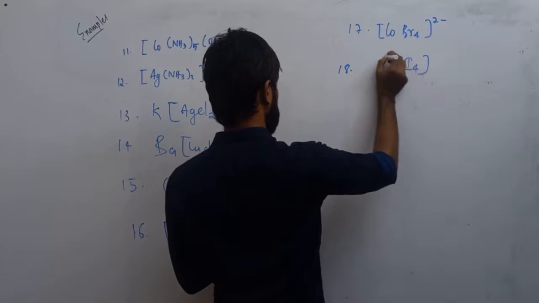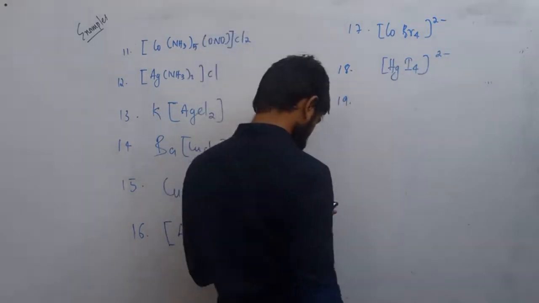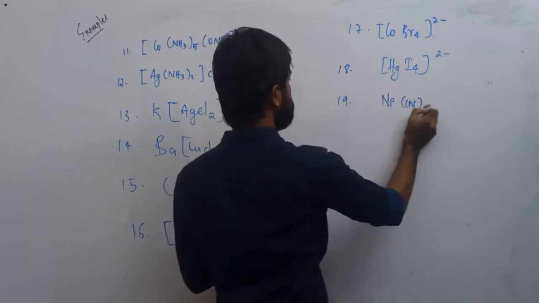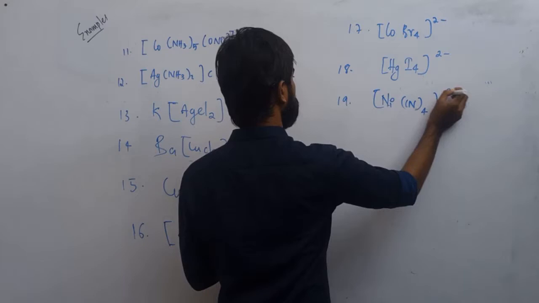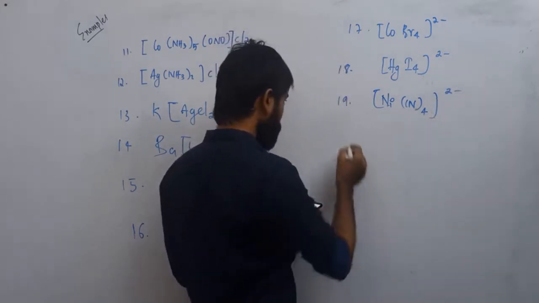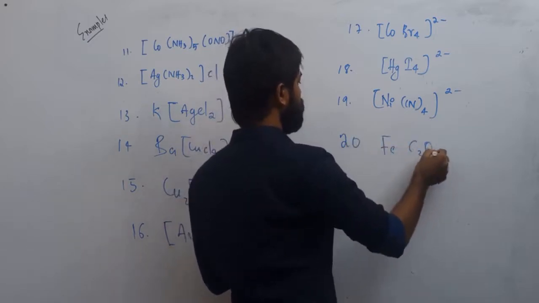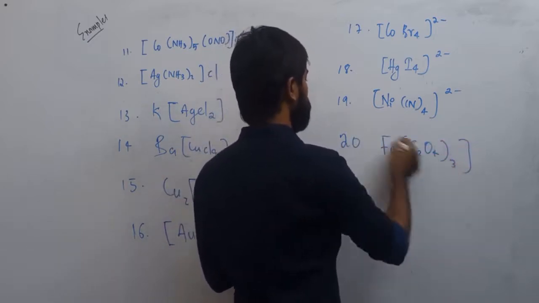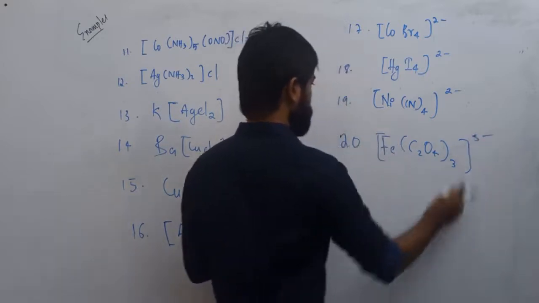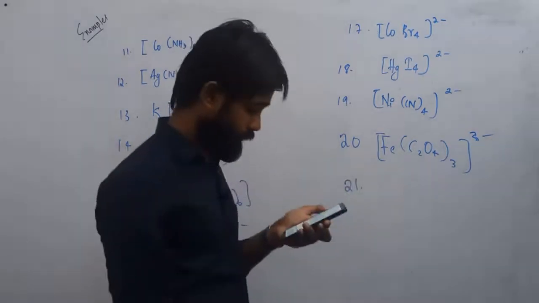HgI4, 2 minus. NiCN4, 2 minus. FeC2O4 thrice, whole of 3 minus. 21.